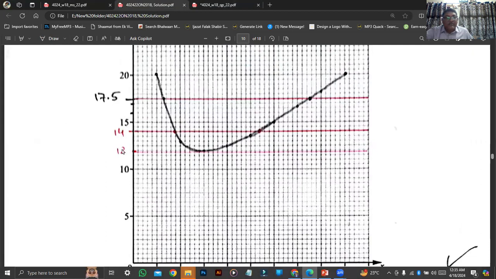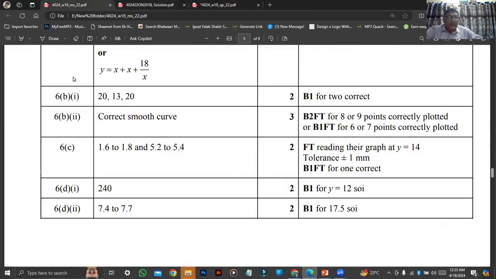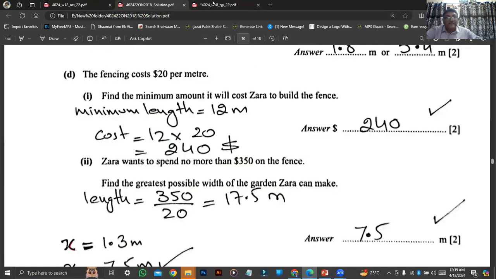This is the minimum length of the fence, and that is approximately 12 meters. So if the minimum length of the fence is 12 meters, and the cost of 1 meter is $20, the minimum cost will be 12 multiplied by 20, and that is $240. So the cost of the fencing will be $240.